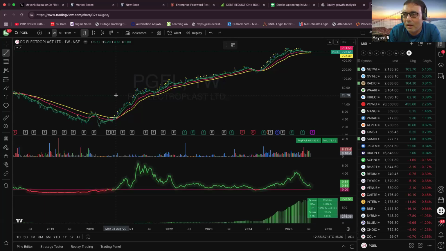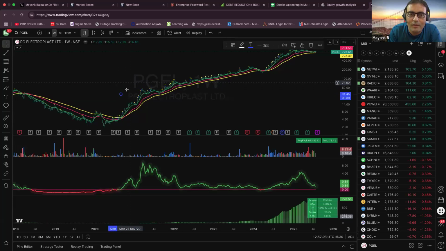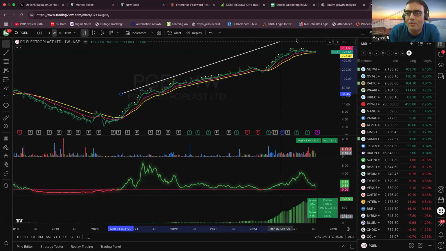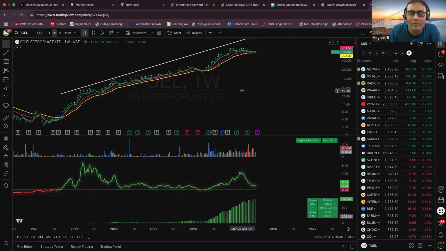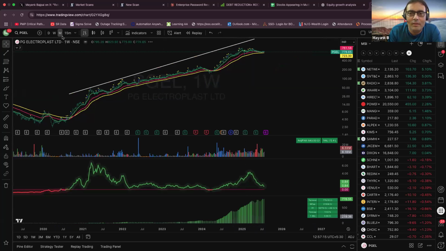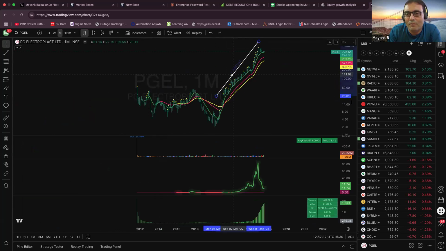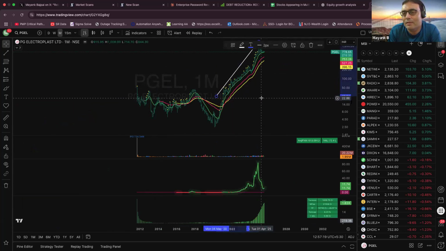So how peaceful a ride you can have on this stock is, look at this. From here, you have just gone ahead and ridden this journey, right? And if you look at the monthly chart, again the same thing. So this is how you ride the journey.